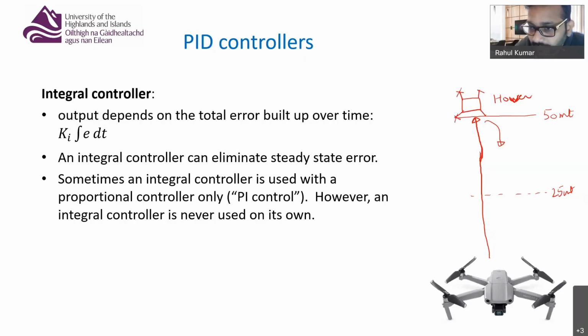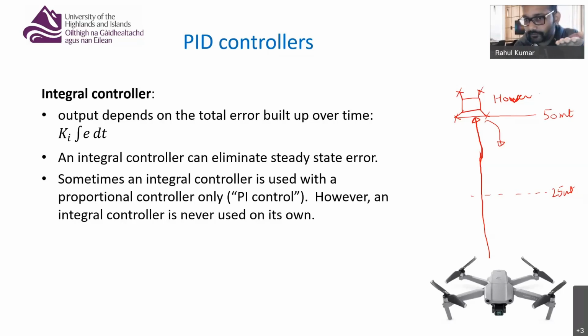That means the speed of the propeller should be constant, right? It should try and adjust the speed of the propeller such that the lift is enough so that it can hover at 50 meters. It should not fall back to the ground, right?